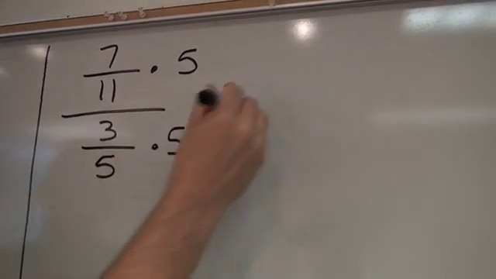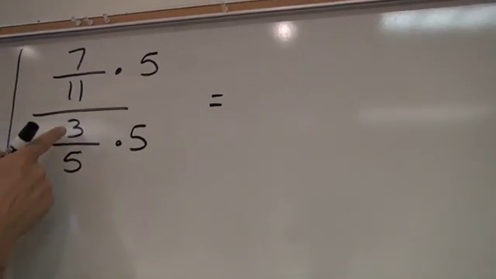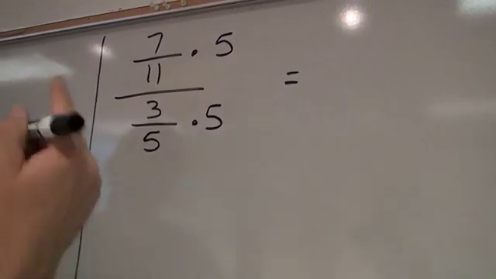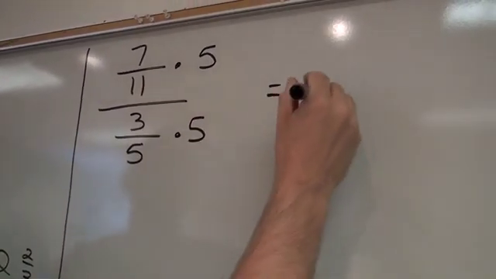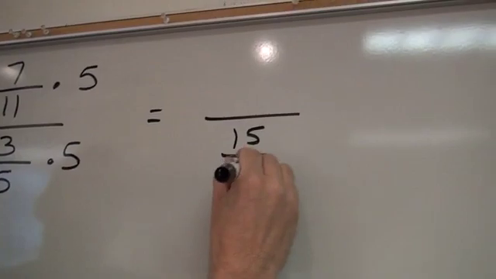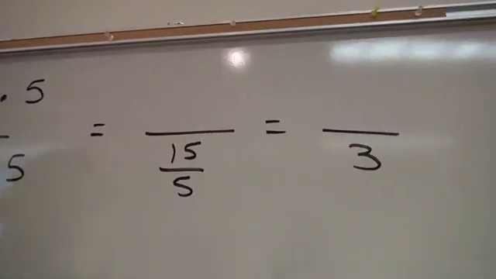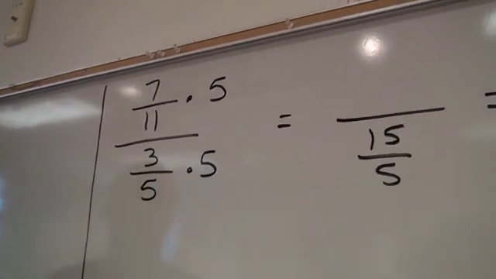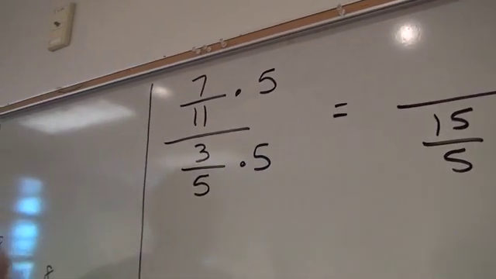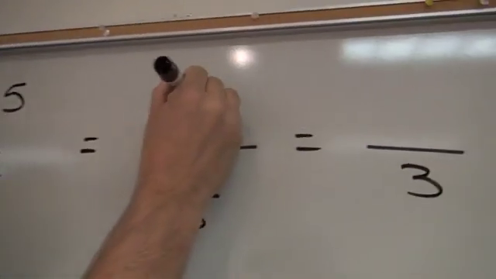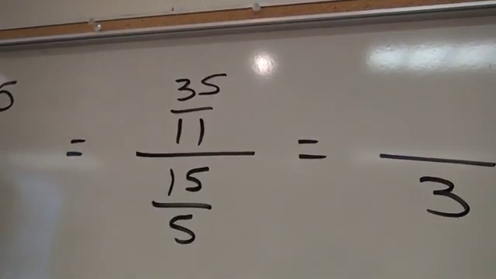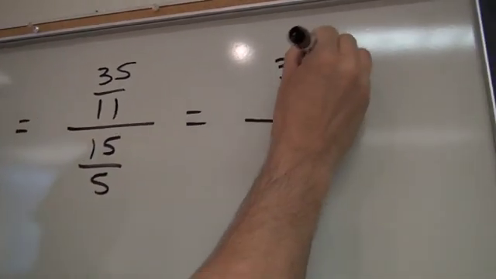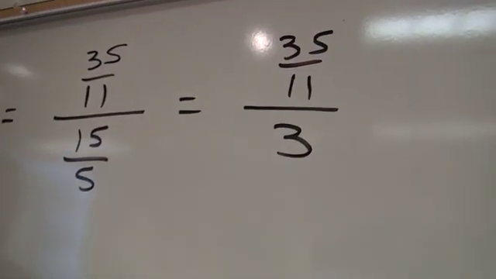So we scale these fractions up by a factor of 5. So 3/5, 3, 6, 9, 12, 15 would be 5 copies of 3/5. That would be 15/5, otherwise known as 3. And then in the numerator, 7/11, 5 copies of 7/11. 7, 14, 21, etc. We'd end up with 35/11, which doesn't simplify nearly as nicely, but there's nothing wrong with 35/11.